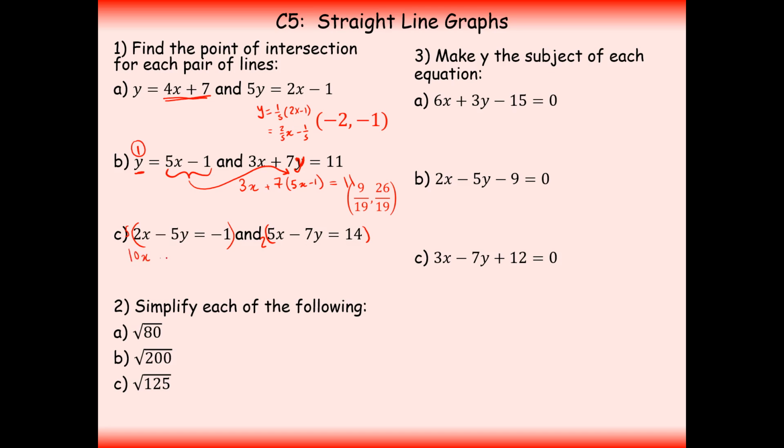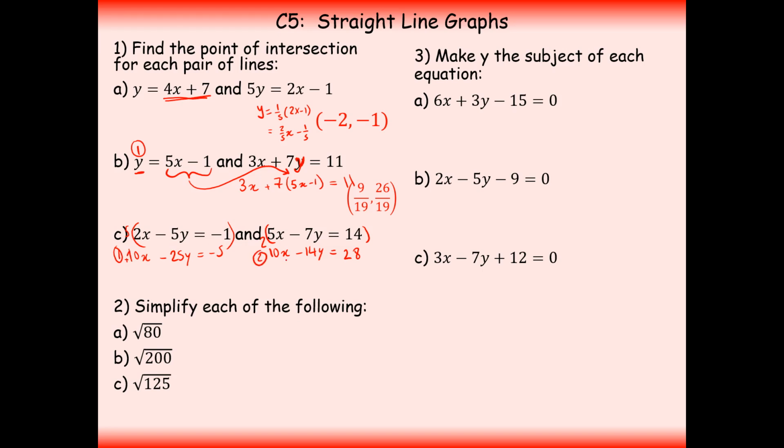So I would have had 10x minus 25y equals negative 5, and this equation would have been 10x minus 14y equals 28. And when I subtract these two equations, why do I subtract?